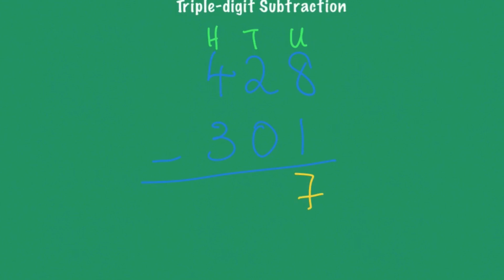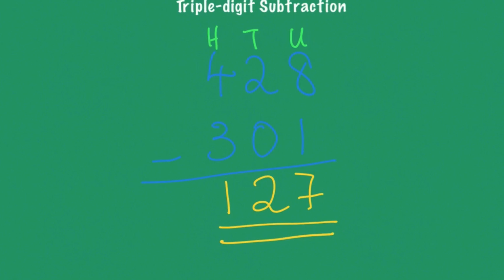Then we move on to the tens, which gives me 2 minus 0, which gives me a 2. And finally, we move on to the hundred section, which gives me 4 minus 3, which gives me a 1. So our final answer here is 127.